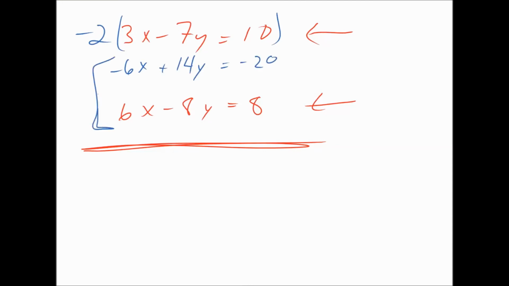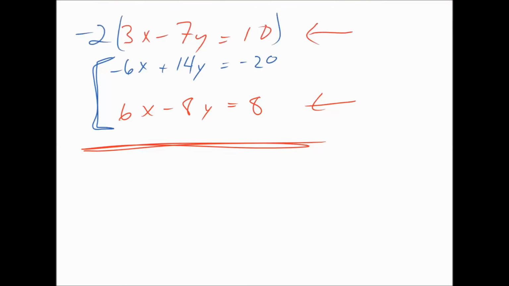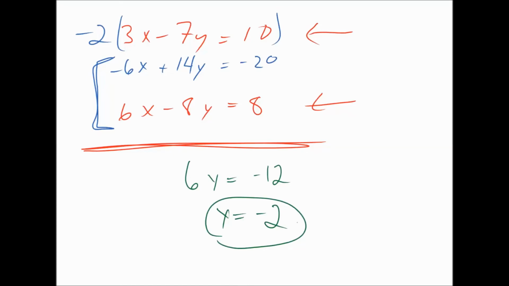Now we're going to add these two equations together to get our new equation, which is going to be 6x and minus 6x, that cancels. Our new equation is 6y equals -12. Y equals -2. Now we know y equals -2, we can go back and plug it into one of these equations. We'll just choose this one, there's no real reason why.